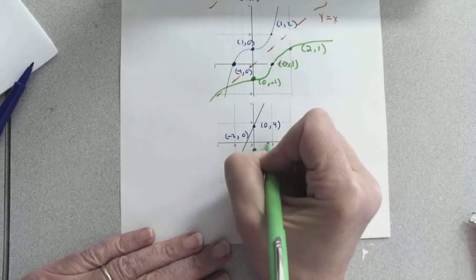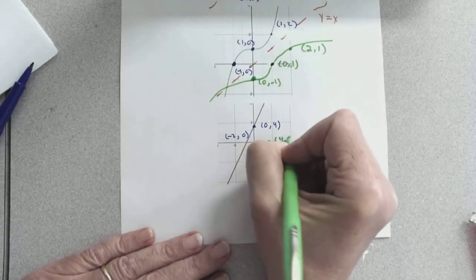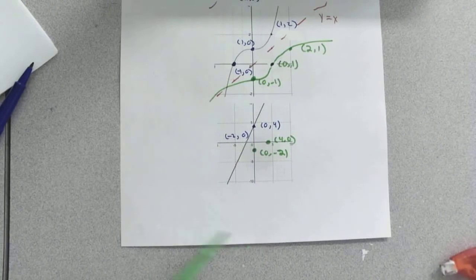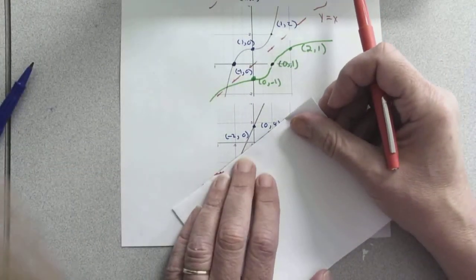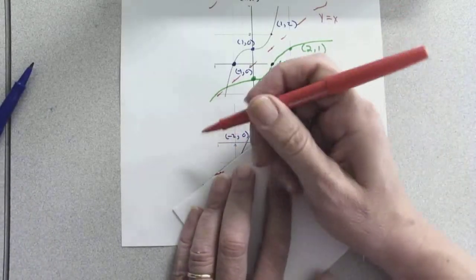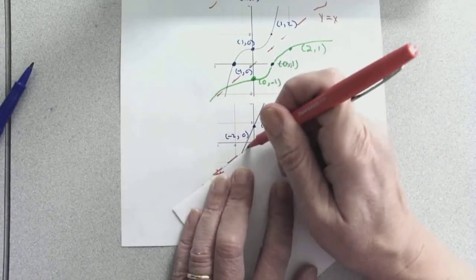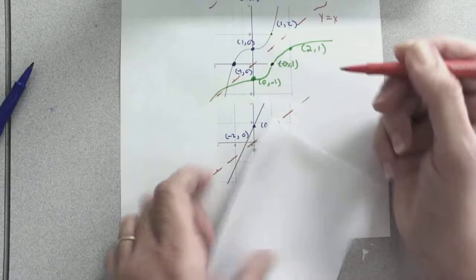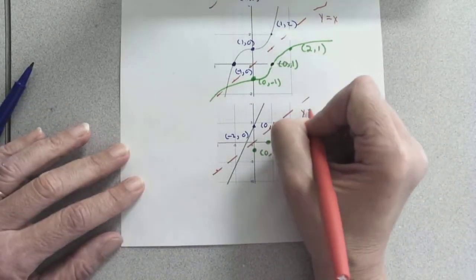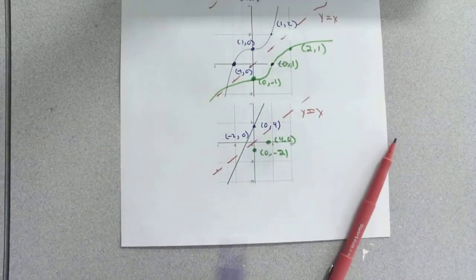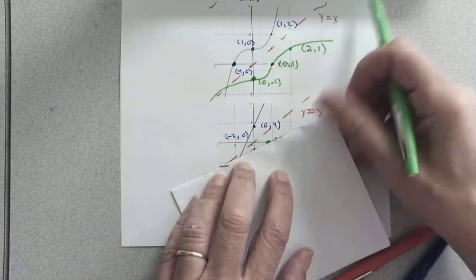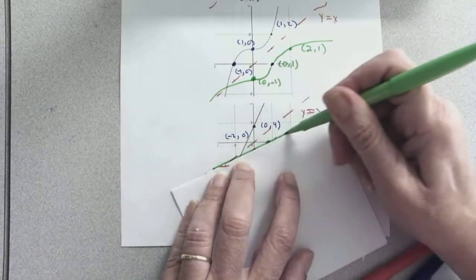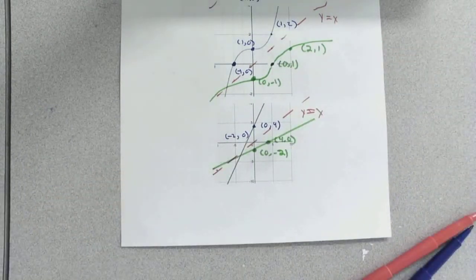And I'm going to have (4, 0), which is right there. Then the y equals x line is right about there. And so then just do your best to draw a line that seems to reflect across that. So it would look something like that.